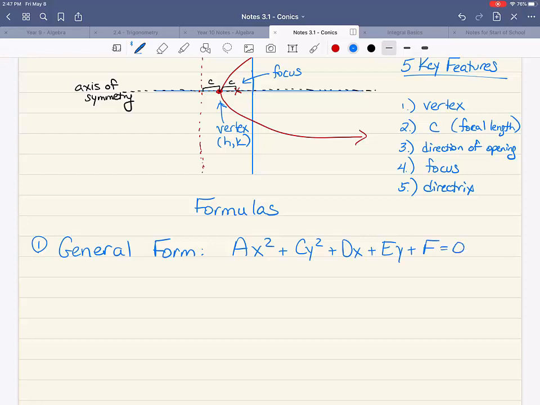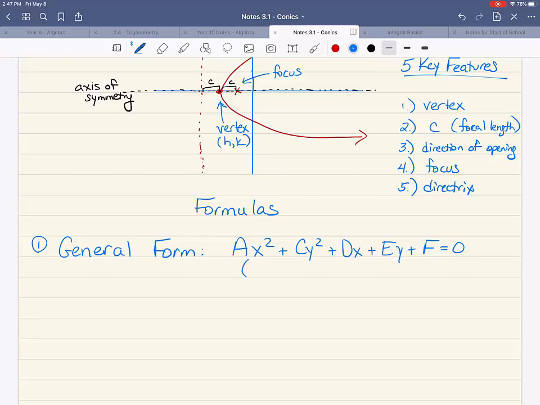Now, let's kind of review for a minute. Circles, A and C are the same. Ellipses, A and C are different, but they're the same sign. Hyperbolas, A and C are opposite signs.